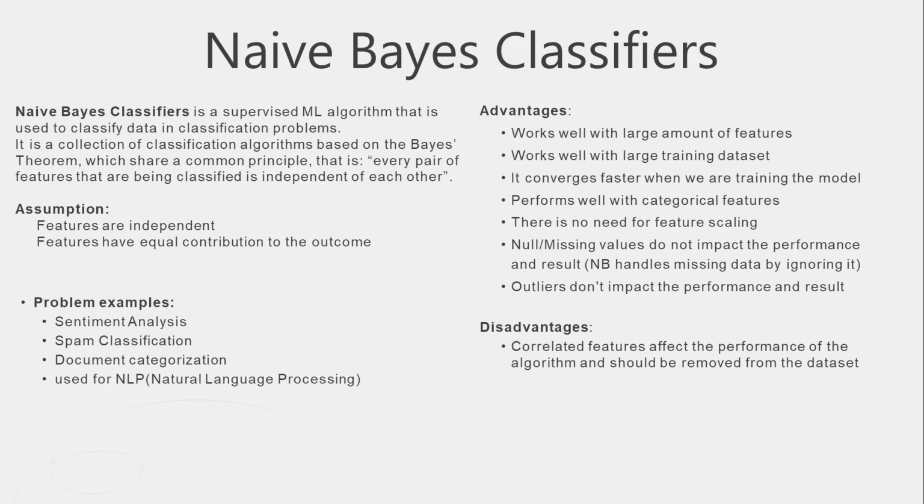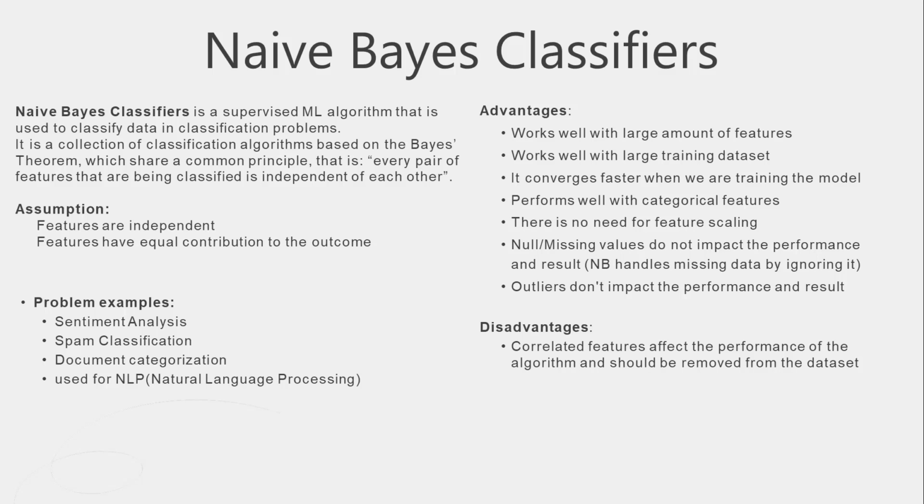The advantages of implementing the naive Bayes model are: works well with a large amount of features. It also works well with large training data sets, because in that way the model has enough data to be trained pretty well and to perform well.